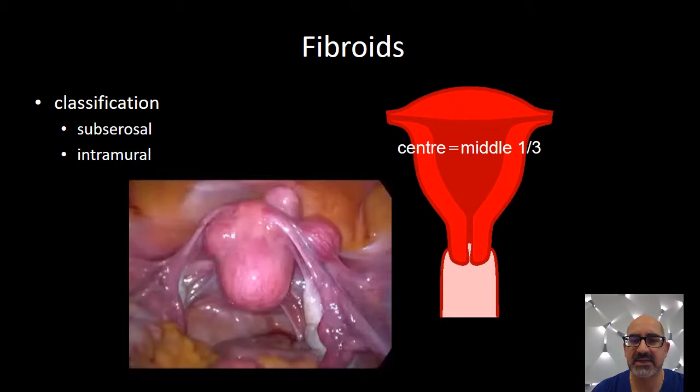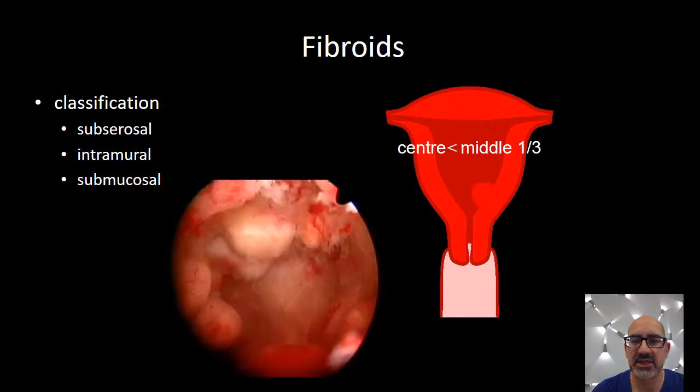As far as submucosal is concerned, a submucosal fibroid is a fibroid where the center is deeper or more superficial to the central third, and here a type 2 fibroid indents the endometrium, and a type 1, more than 50%, is within the endometrial cavity, and a type 0 is a pedunculated submucosal fibroid. Now, fibroids can in fact be a variety of grades, and we may have a grade 1 through to 5 as the classification system over here.